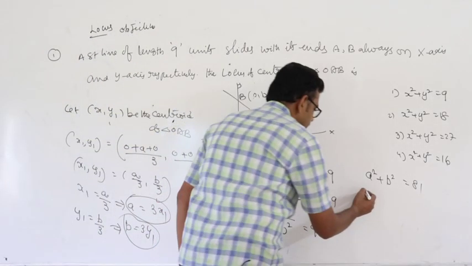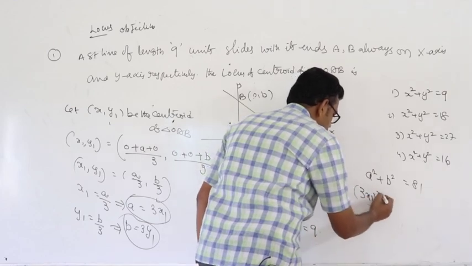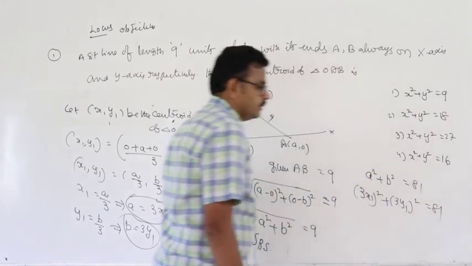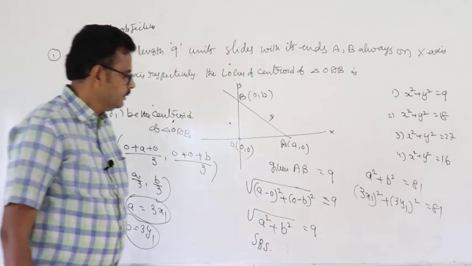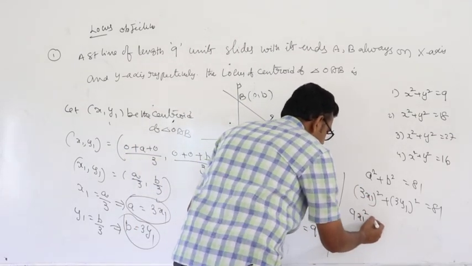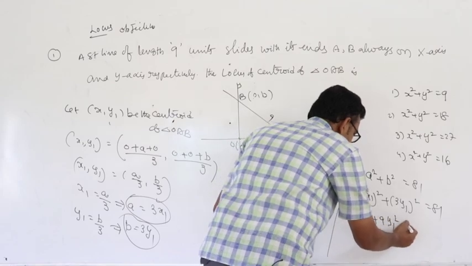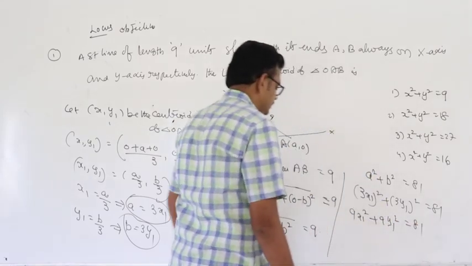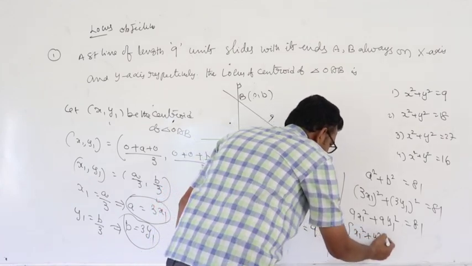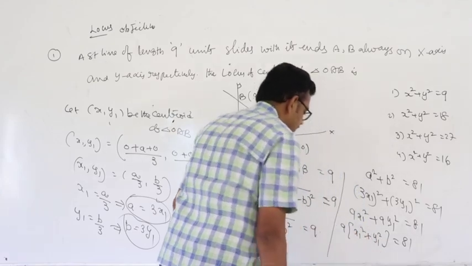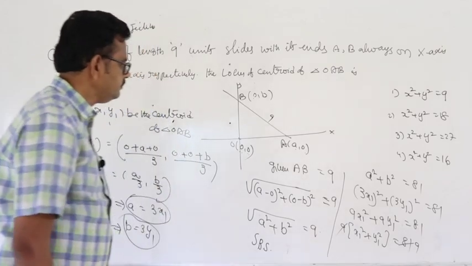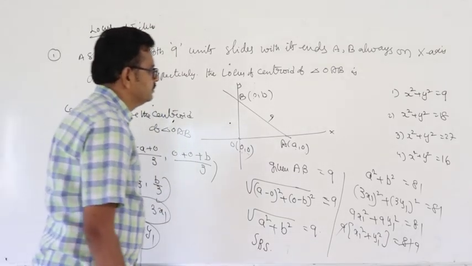So this is (3x1) whole square plus (3y1) whole square equal to 81. That is 9x1 square plus 9y1 square is equal to 81. If you take 9 common, x1 square plus y1 square is equal to 9, so here the 9 times gets cancelled.